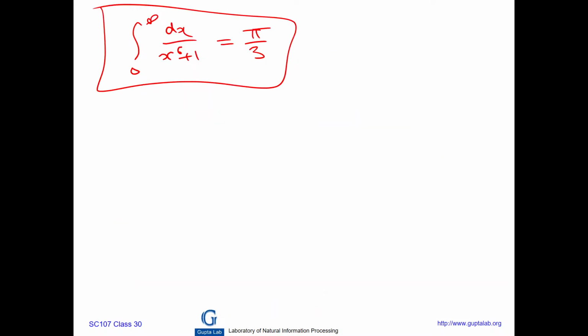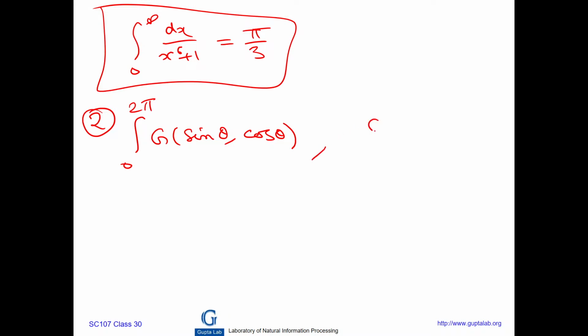Now, not only this, you can also use a second application. If you want to find the integration from 0 to 2 pi of some function g of sine theta and cos theta, where g is a rational function of sine theta and cos theta, then you can also use this.